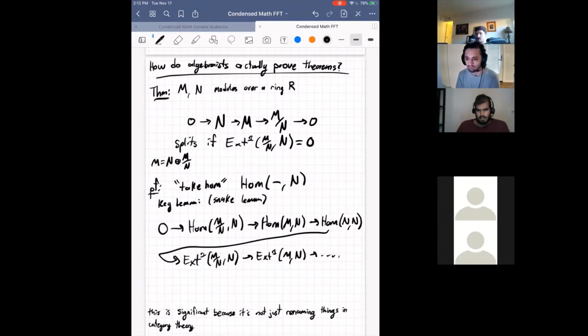But the point is that, by assumption, this equals 0, which means that this map is a surjection. Well, of course that's a surjection, it's mapped to 0. It means that this map is a surjection because the kernel of this map, which is everything, the whole thing of this Hom N, N, is equal to the image of, let's see, this map right here.